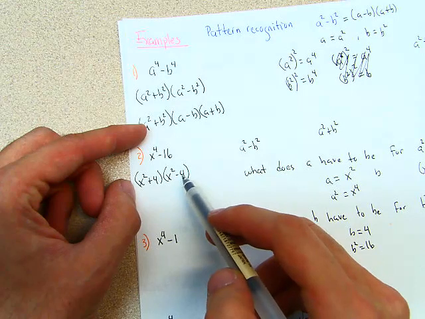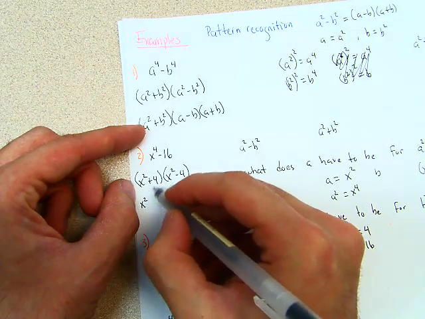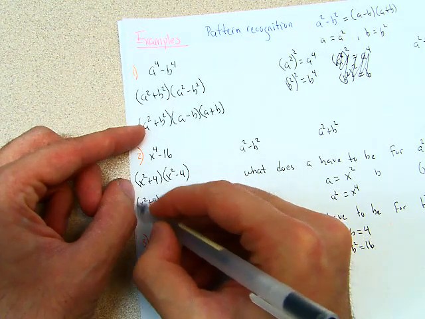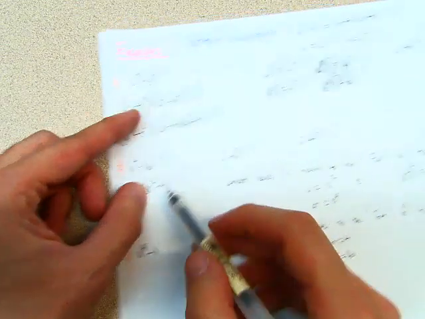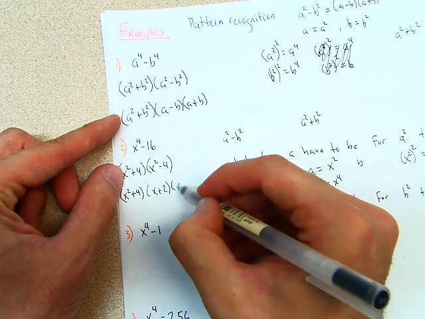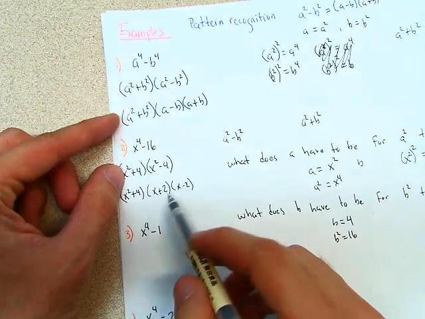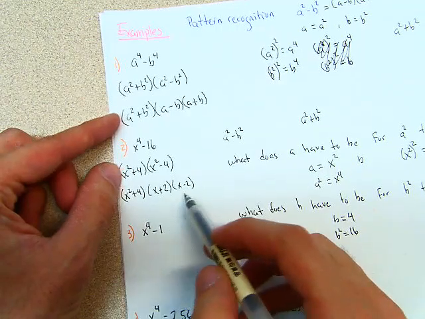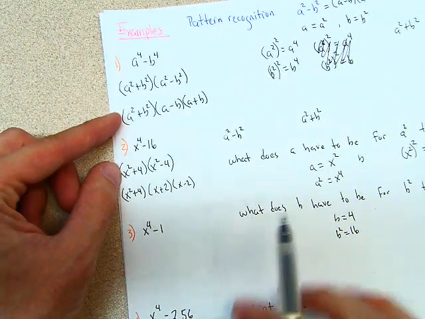But this guy, absolutely you can factor it. So we keep that x squared plus 4, and then this, is this in the form of a squared minus b squared? Yeah, this is just x plus 2 times x minus 2, even though it would have been the same if you said x minus 2 and x plus 2. But that's equal to this.